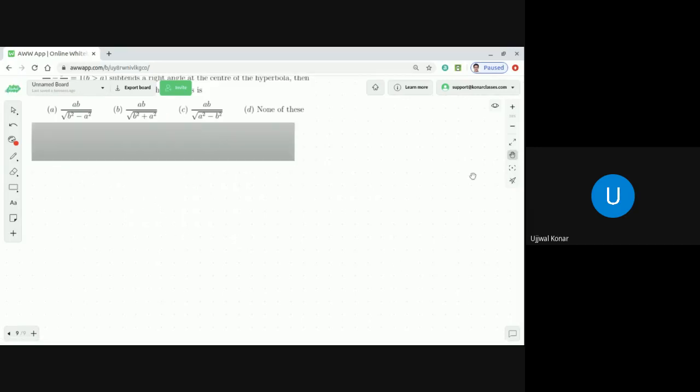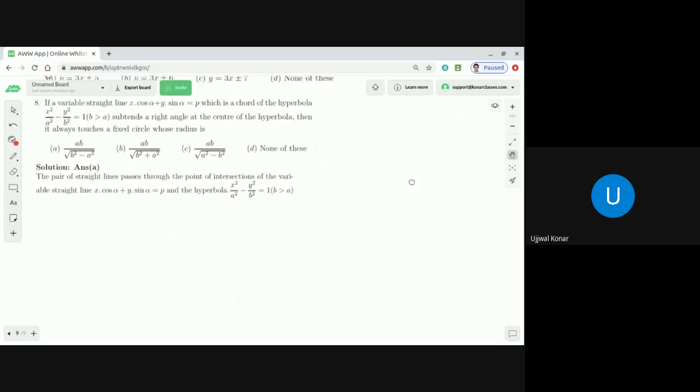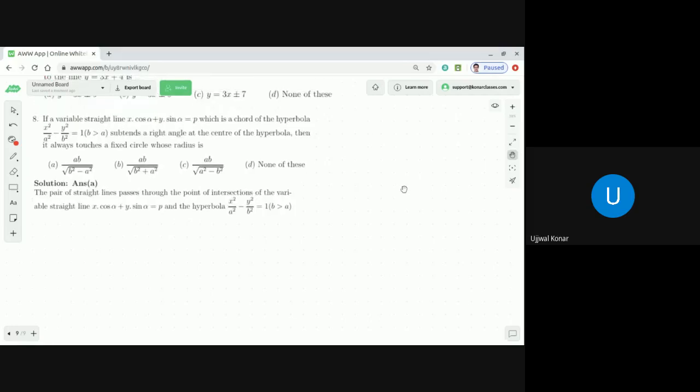Okay. So, dear Tejas, according to the question, if a variable straight line x cos alpha plus y sin alpha equal to p, which is a chord of the hyperbola x square by a square minus y square by b square equal to 1, where b is greater than a, subtends a right angle at the center of the hyperbola, then it always touches a fixed circle whose radius we need to find.